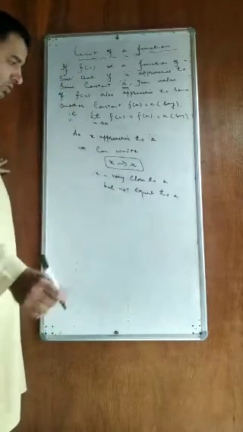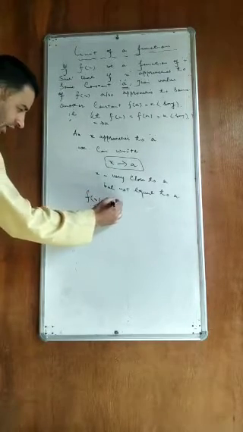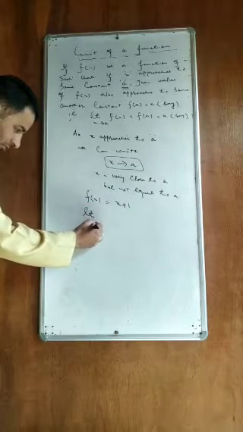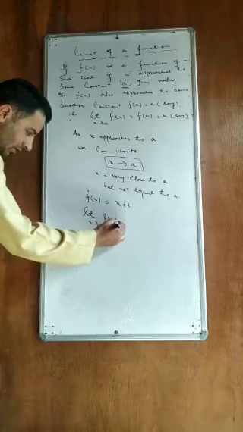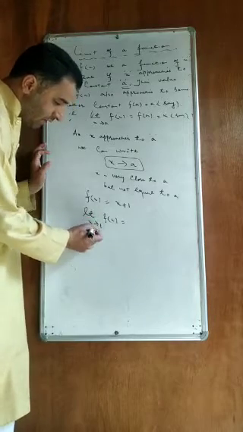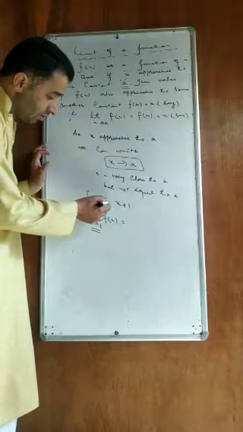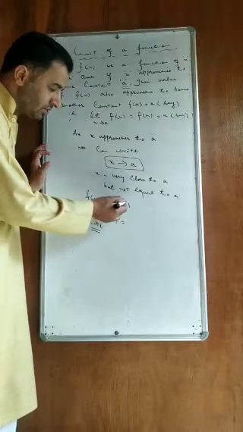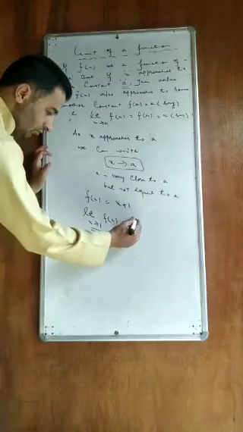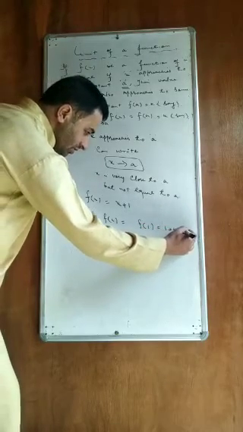Suppose अगर आपके पास कोई फंक्शन है, suppose f of x is x plus 1, and if I write limit x tends to 1, f of x is equal to, as x approaches to 1, this f of x, which is x plus 1, approaches to 1 plus 1, means we can write it as f of 1, and this f of 1 is 1 plus 1, which is equal to 2.